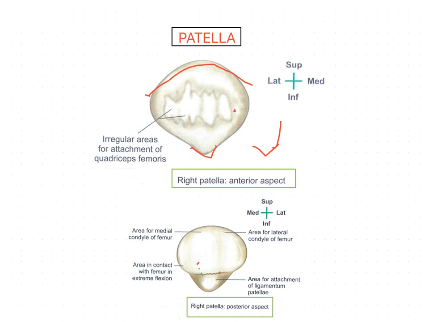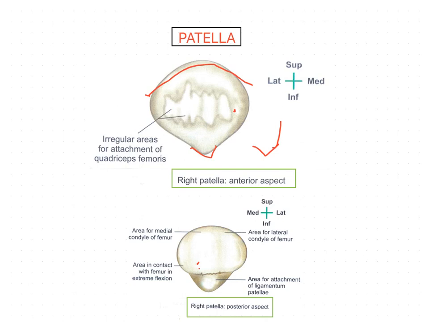And the posterior articular surface is divided into two areas by a vertical ridge. So here you can find the vertical ridge.